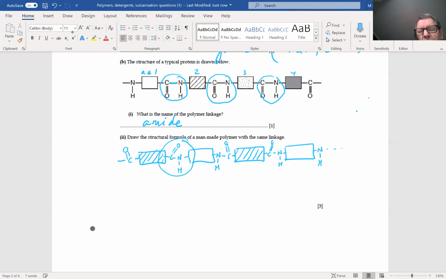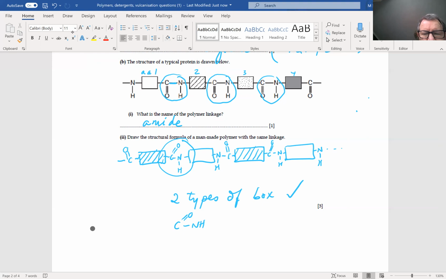That's what we're looking for. That's quite a difficult question to do. The 3 marks would be for 2 types of box. That's the first thing. That's 1 mark. The second thing is that they have to have some of these, let me just go back.